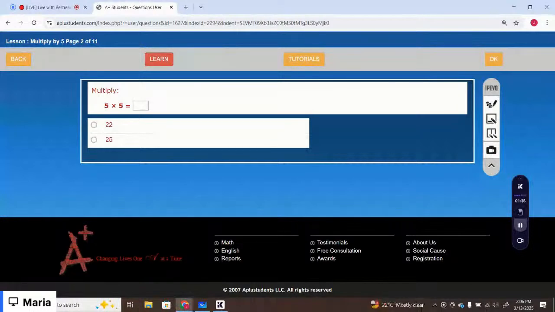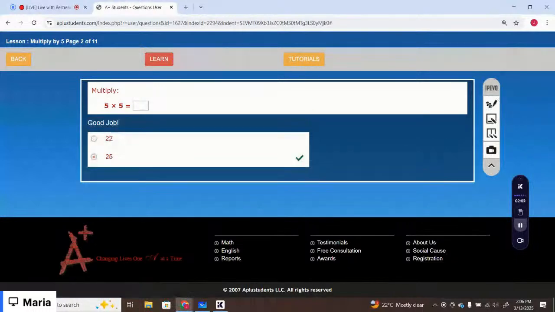But now it's time to learn the multiplication table, right? 5 times 5 is 45 it is. Option number 2 is the correct option.